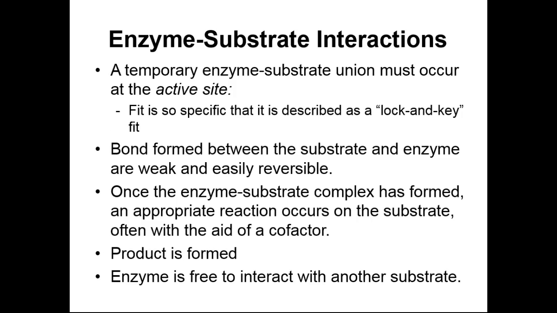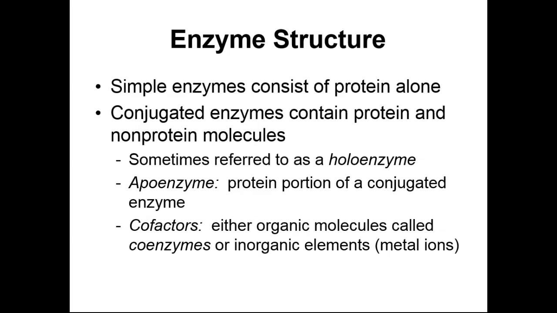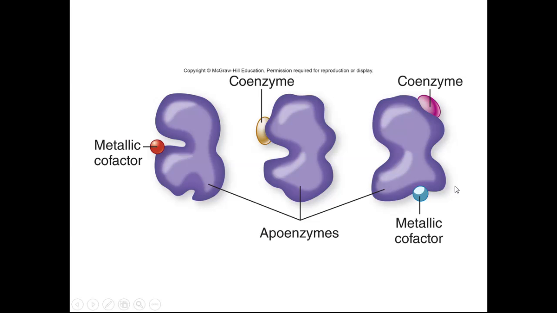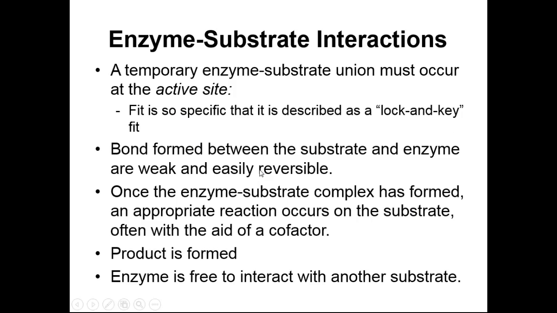When the substrate binds to the active site within the enzyme, so if we go back a couple slides here, when the substrate molecule is stuck inside that groove in the enzyme, we'll have a temporary enzyme-substrate complex form.